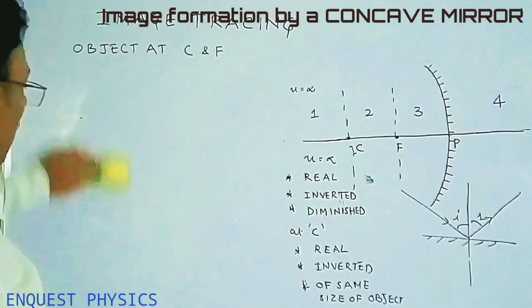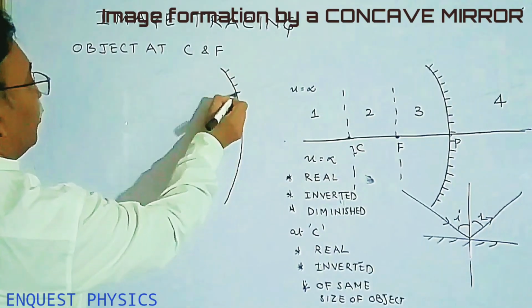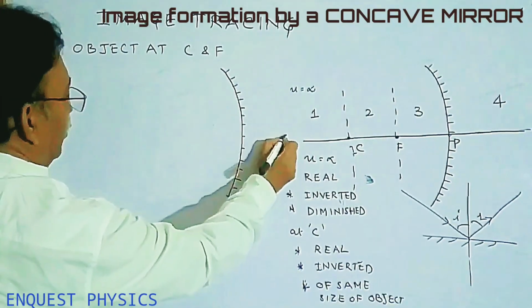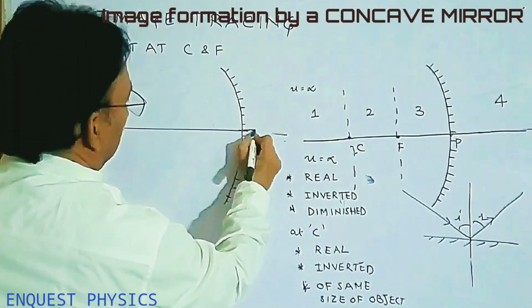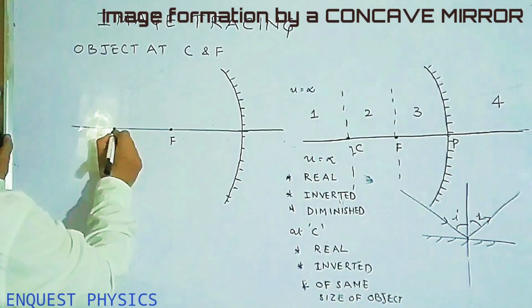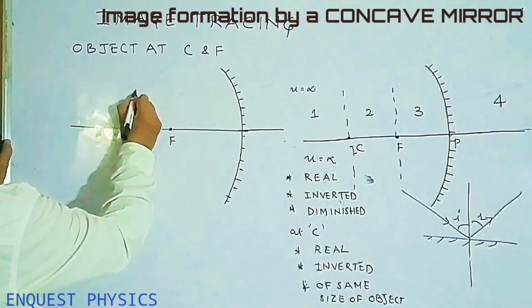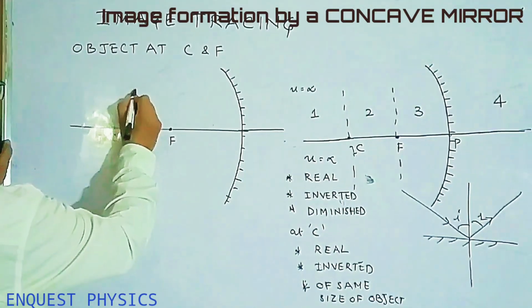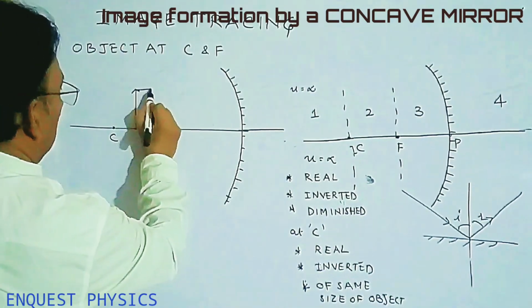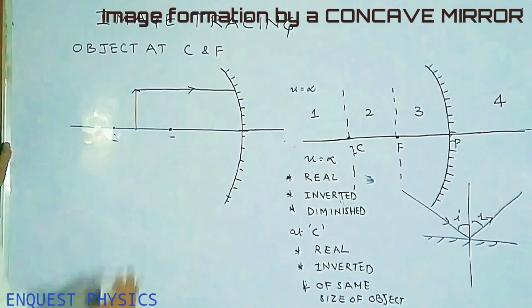I'm going to do the same thing I did before. The same concave mirror, principal axis. And we said it is the focus and it is the center of curvature. The object is kept in between. Let's see what happens. As usual, one ray proceeds parallel to the principal axis.